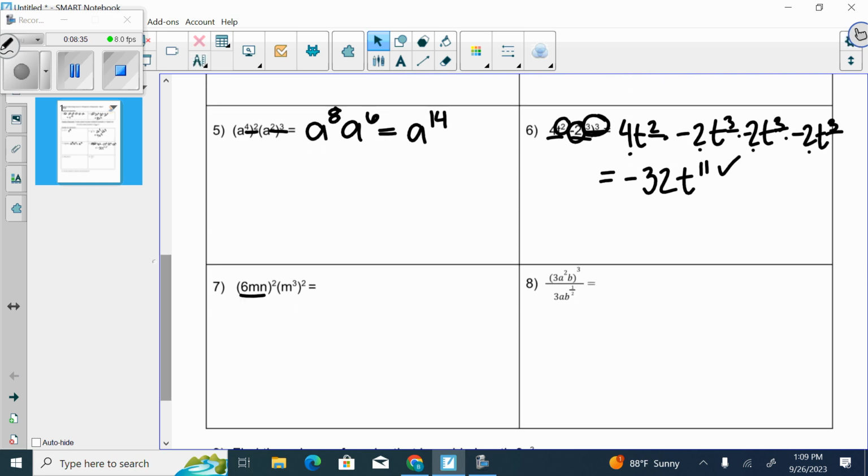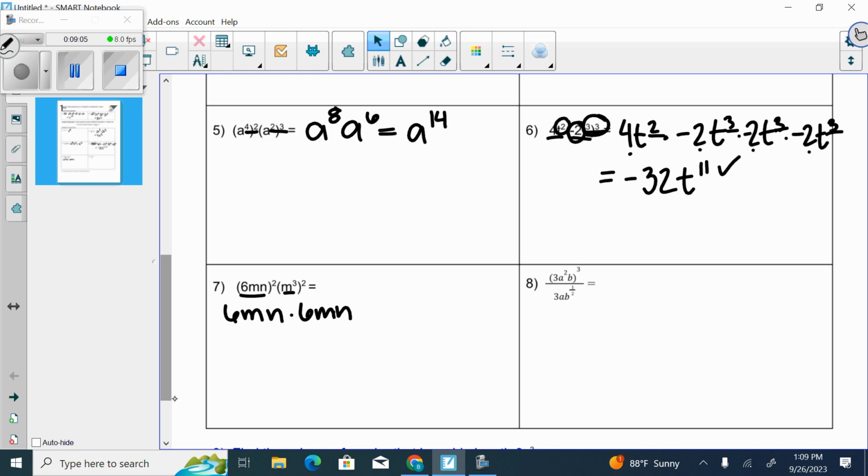Here, I have 6mn, and it's being squared, right? So that means there's how many 6mn's? 2. So I'll have 6mn times 6mn. And then for my m cubed raised to the second power, that means I have how many m cubes?